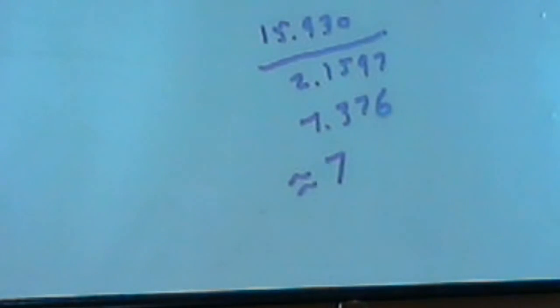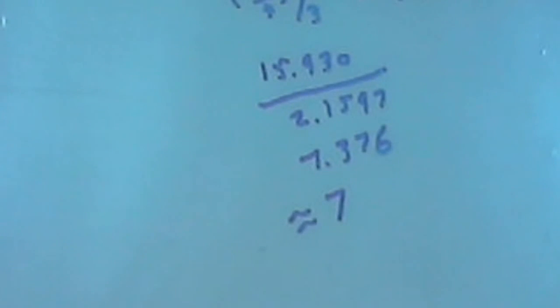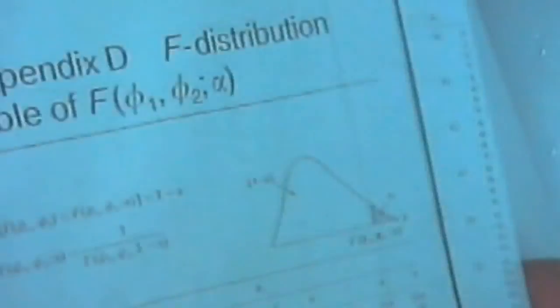So then I need to have a t-table. So 025 column, 7 degrees of freedom, right there, 2.3646.